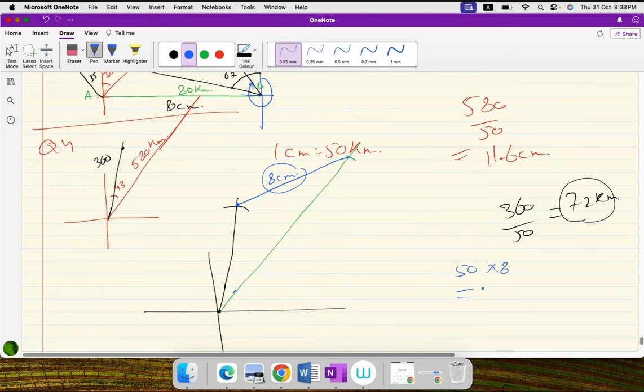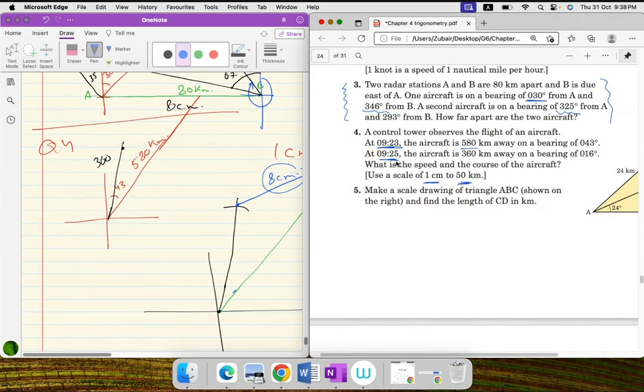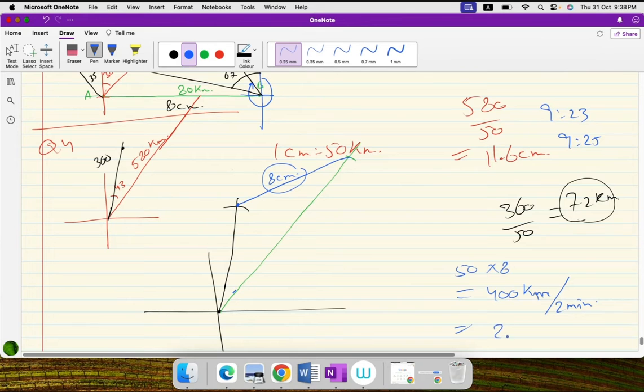So if this is 8, because we are short on resources, I'm just writing 400 kilometers. May I say it is traveling 400 kilometers in 2 minutes? Because that was 9:23 and then 9:25, right? So in that case, I would say that the speed is 200 kilometers per minute.